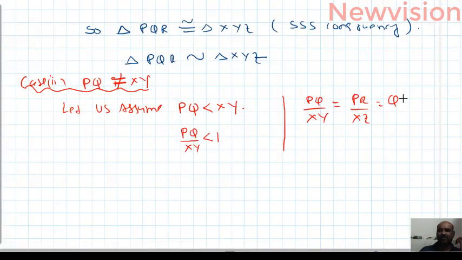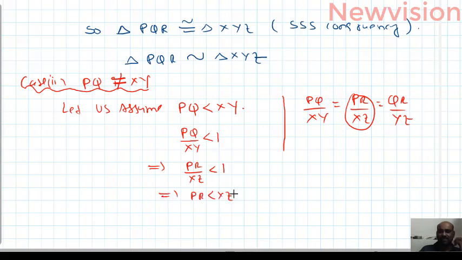Since PQ by XY is less than 1, instead of PQ by XY I can write PR by XZ, that is not a big problem. That implies PR by XZ is also less than 1. What is the meaning of this? PR is less than XZ. So what I assumed, PQ less than XY, automatically gives PR less than XZ, and from here also you got QR less than YZ.